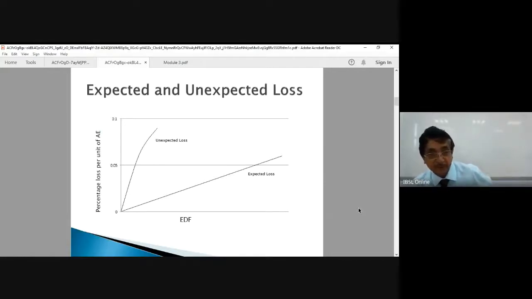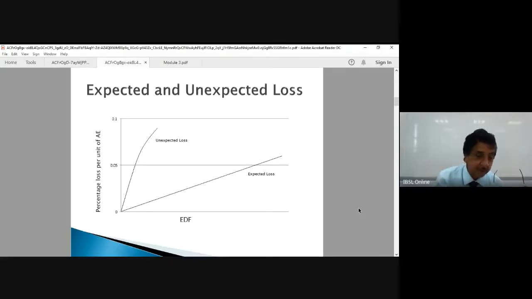Now just look at this graph. This graph is an indication of how the EDF and percentage loss per unit of average exposure make a relationship, the expected loss.